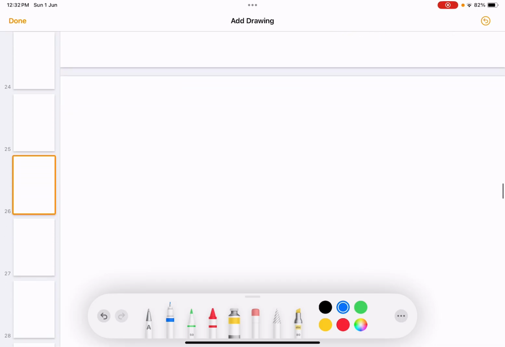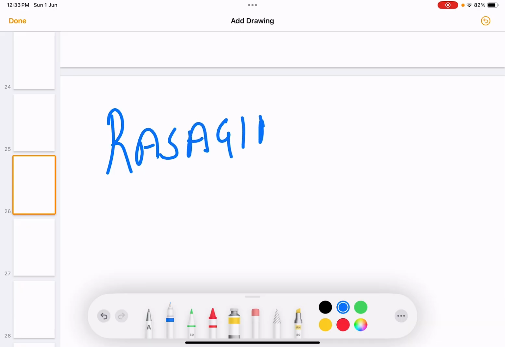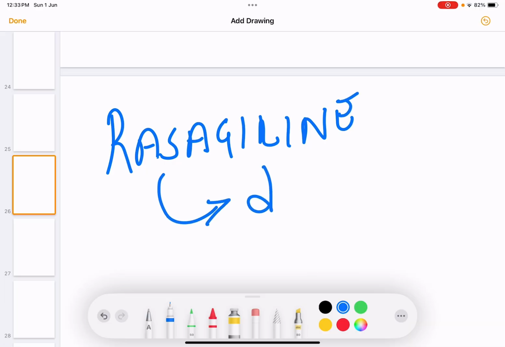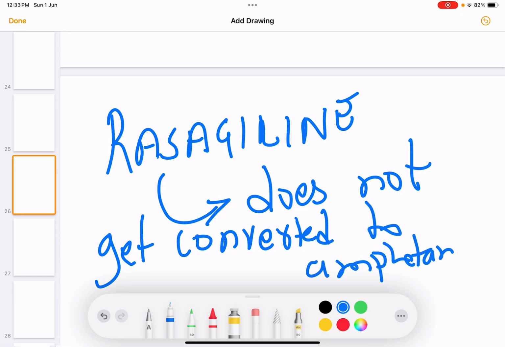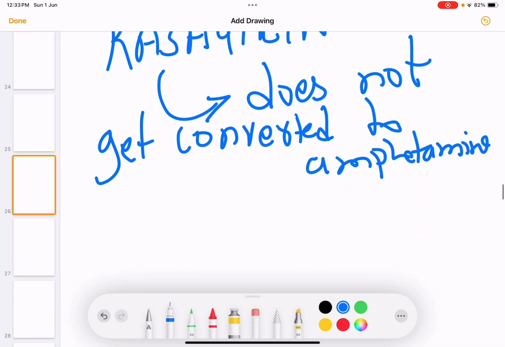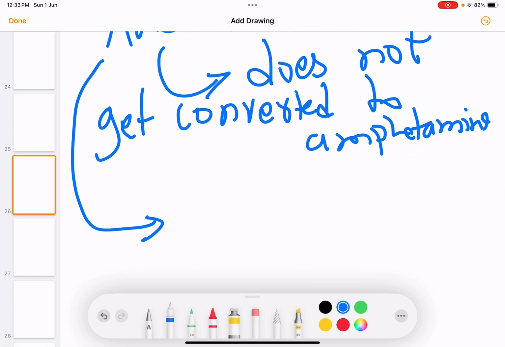Now this problem of conversion to amphetamine is not there with rasagiline. So rasagiline can be used in patients with convulsive disorder. It does not get converted to amphetamine. Rasagiline is also said to have some neuroprotective property.